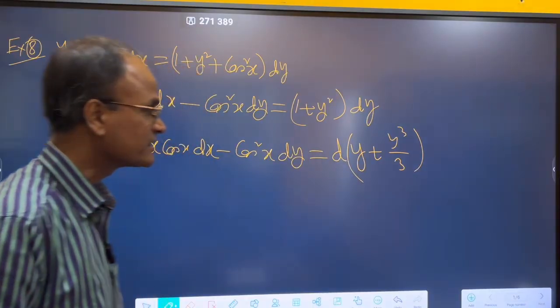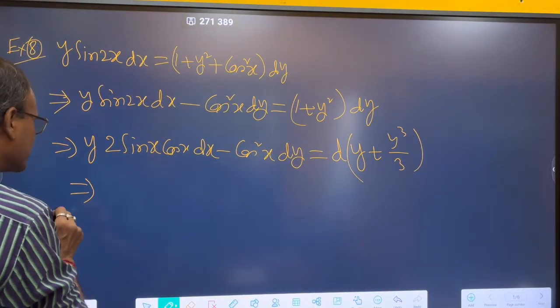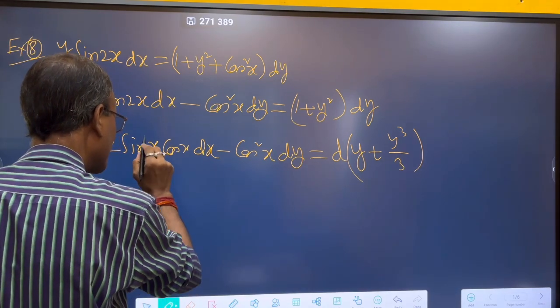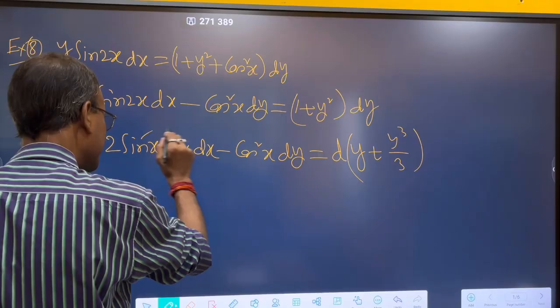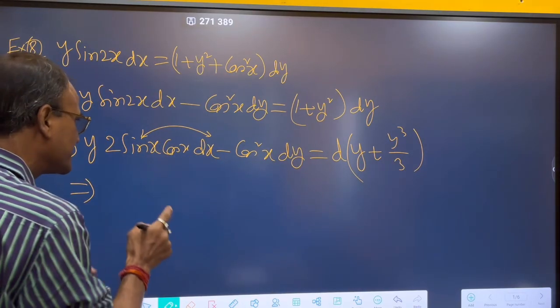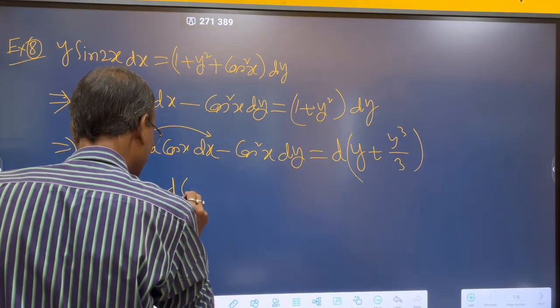Now see here, it is cos square x sin x dx. Sin x dx can be written as minus d of cos x.